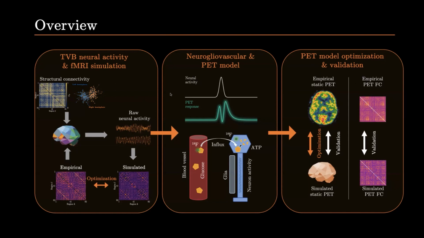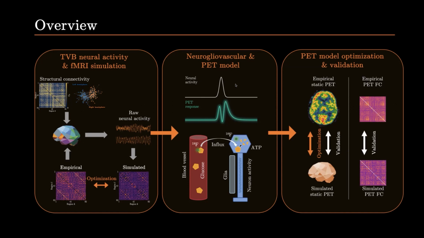The optimized raw neural activity is then used as an input for the second block, which is the neurogliovascular and PET model. It takes neural activity, in this case from TVB, and outputs a PET response. And the third block: the PET model itself is fitted on a subset of the empirical data to resemble static PET images. So now we have an optimized model which produces plausible static PET.